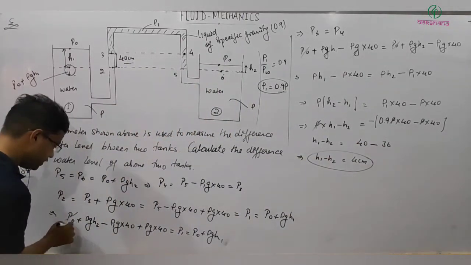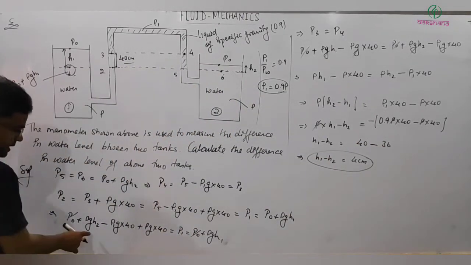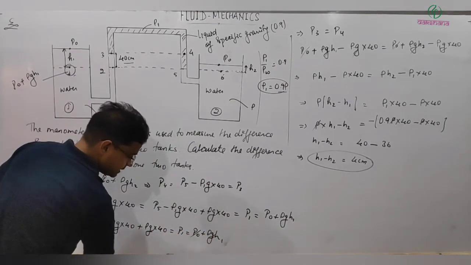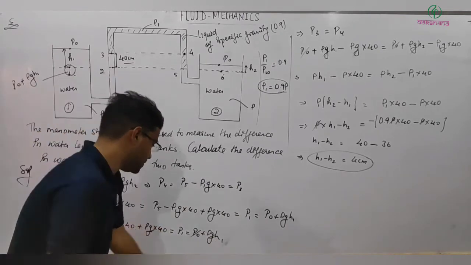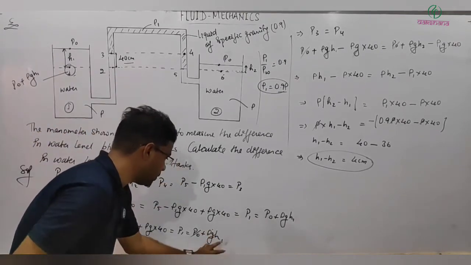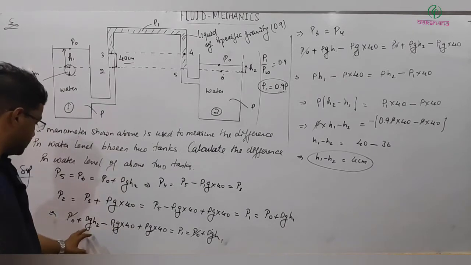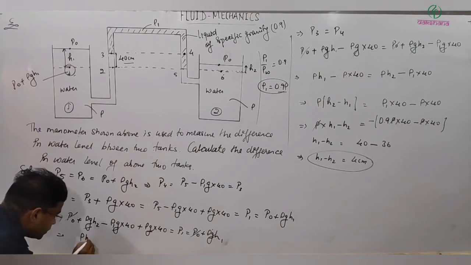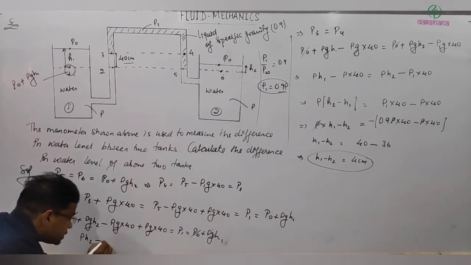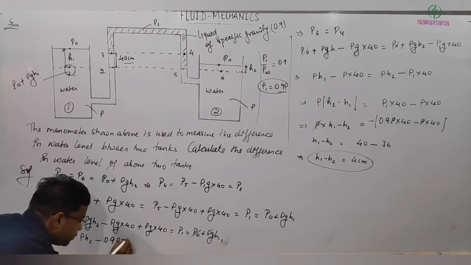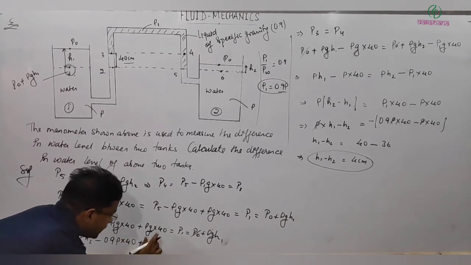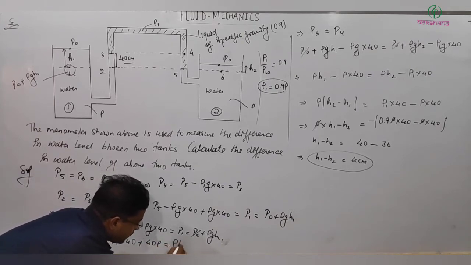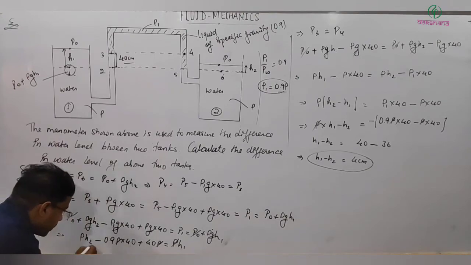If you further simplify, P0 gets cancelled, and g you can also cancel from here, g and g. Here you are left with rho H1. Rho 1 you can also substitute. So this implies rho into H2 minus rho 1, which is 0.9 rho, into 40 plus here it's 40 rho, and this is equal to rho H1. Rho can also be cancelled.